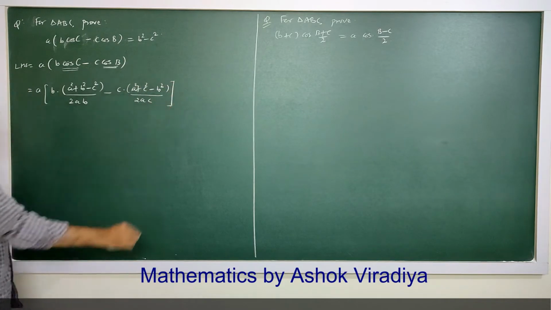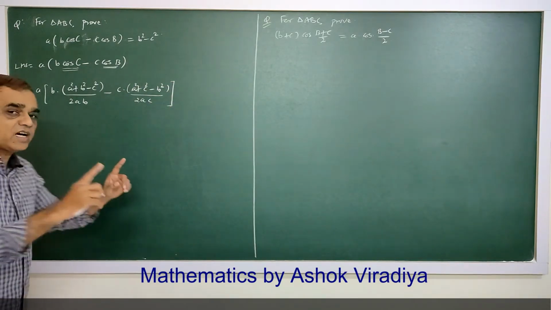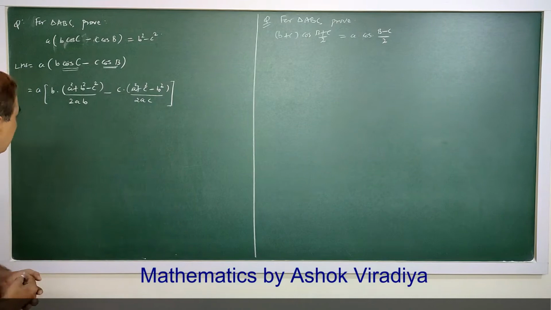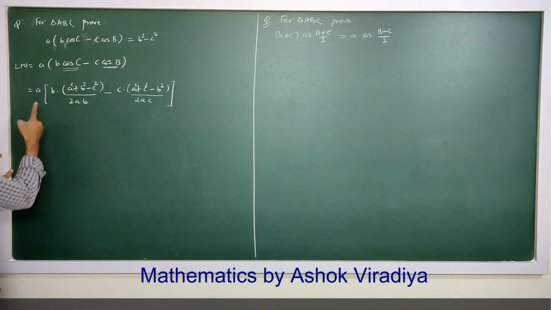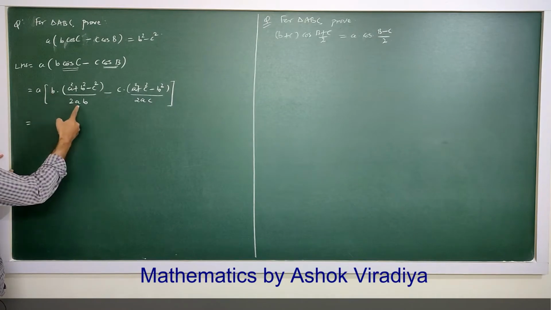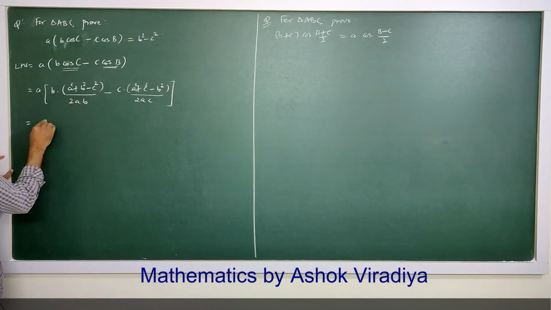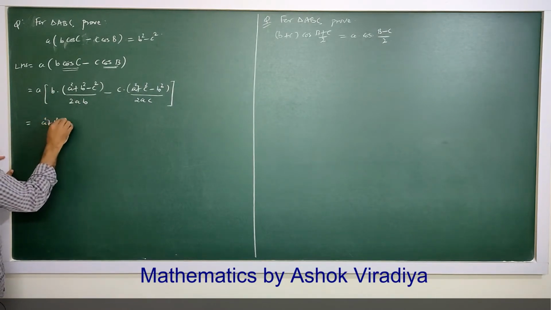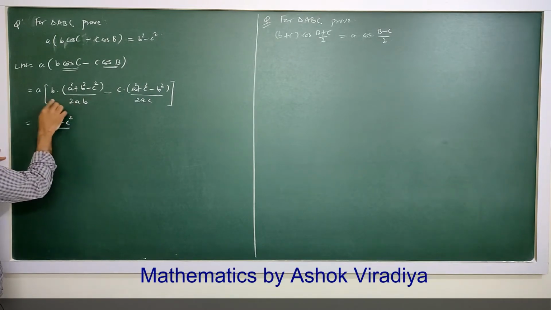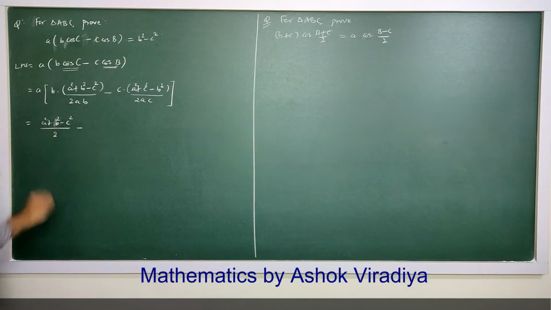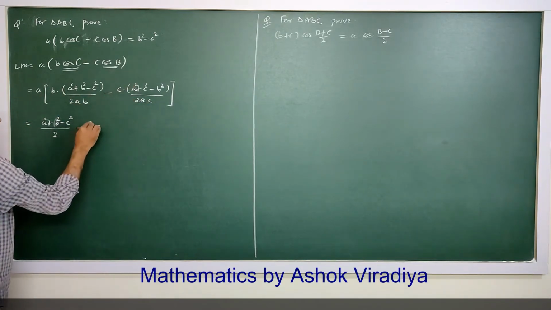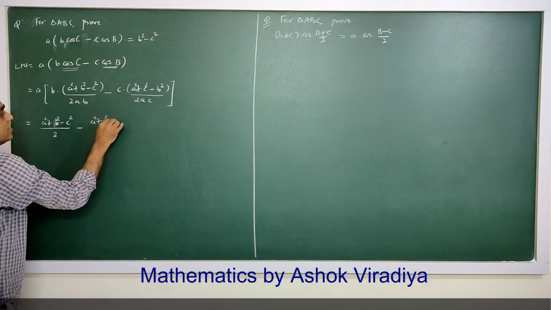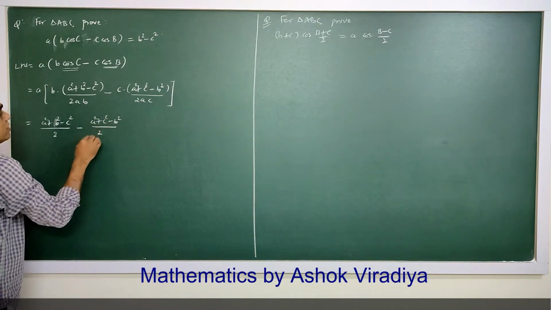Close the bracket. So in this question we are using the cosine rule. So this is equal to, now see, ab divided by ab, this will be cancelled. So what is left here? (a² + b² − c²) upon 2, minus, see, ac is cancelled. What is left here? (a² + c² − b²) upon 2.